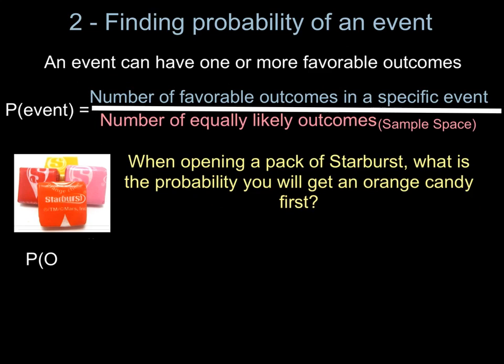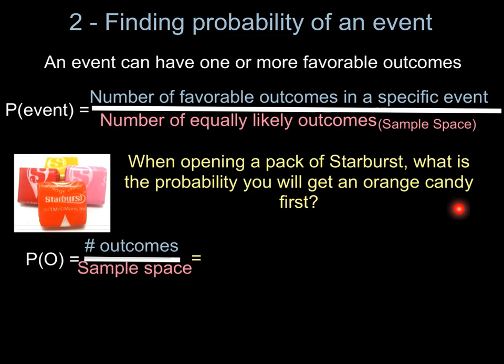We put a P for probability, and then an O, because it's an orange candy. So the probability of an orange is the number of favorable outcomes divided by the sample space. This is the exact same equation as we have written above; I just wrote it a little smaller.